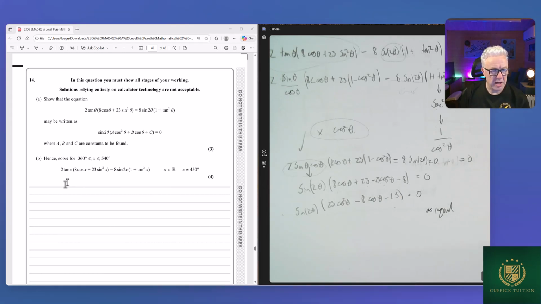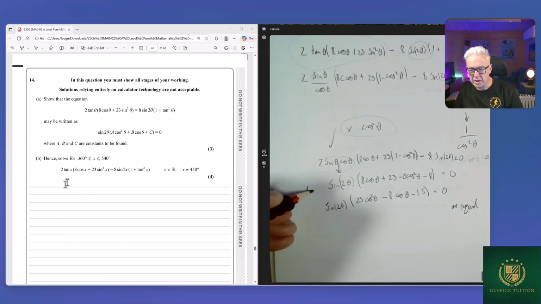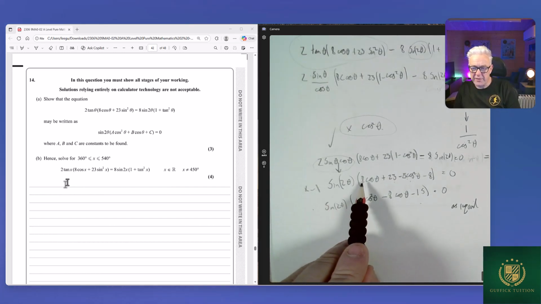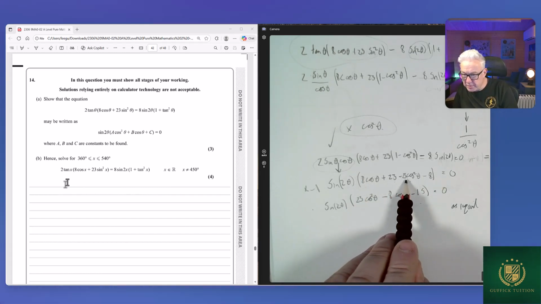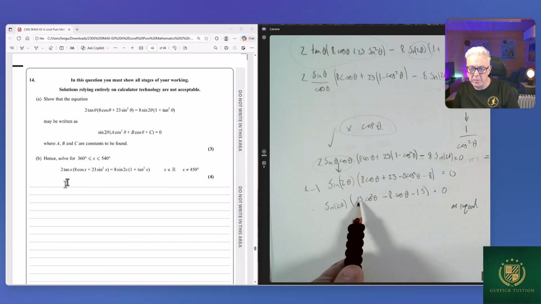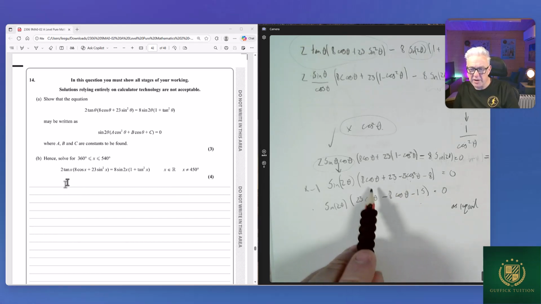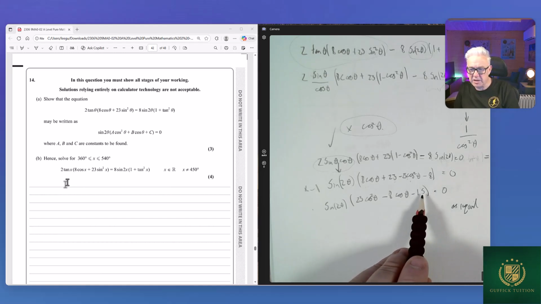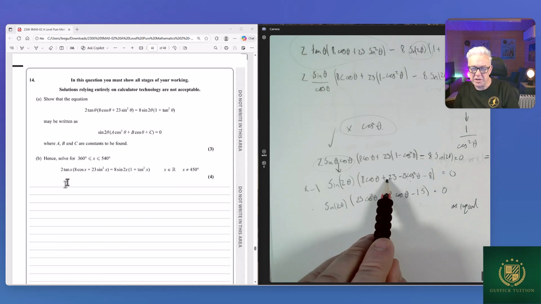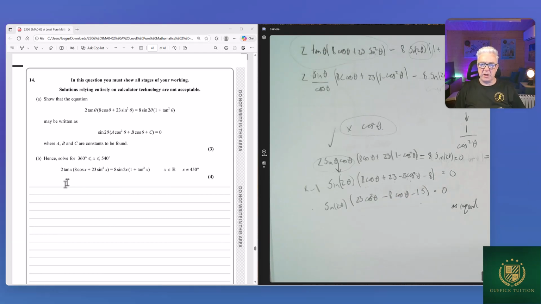The only thing to do is we want to write it in the form a cos squared, and it says plus. So I feel like we should multiply everything by minus 1. So we're going to times by minus 1, and that's going to have the effect of flipping all of these signs. So the minus 23 cos squared will become plus 23 cos squared, and the plus 8 cos theta will become minus 8 cos theta, and then we will have minus 15 as well, because it would be minus 23 add 8 if we times everything by minus 1.